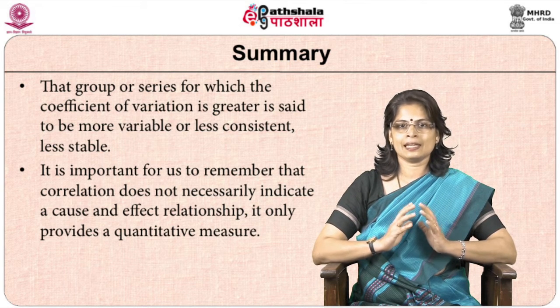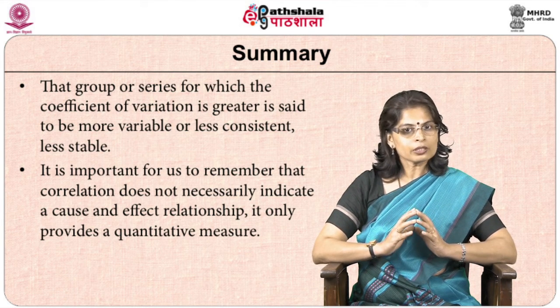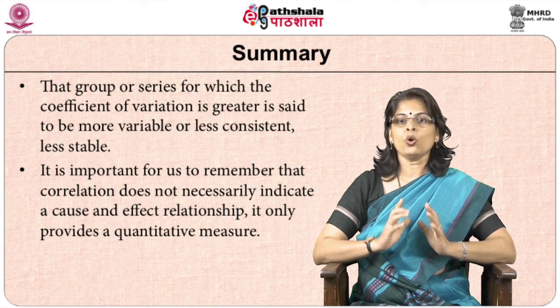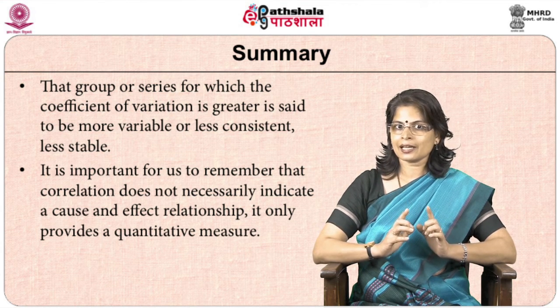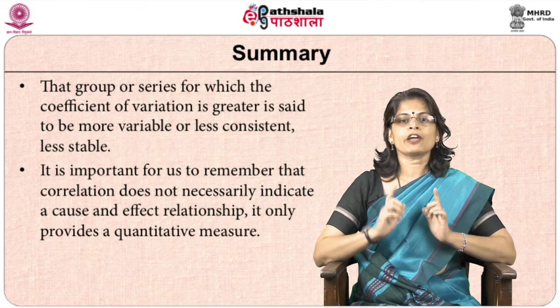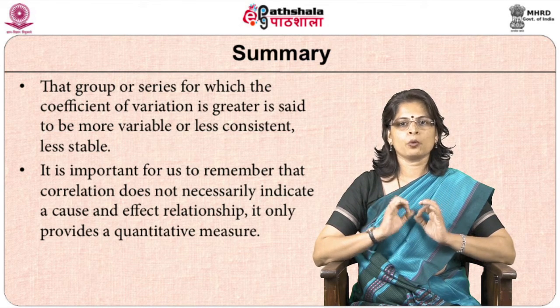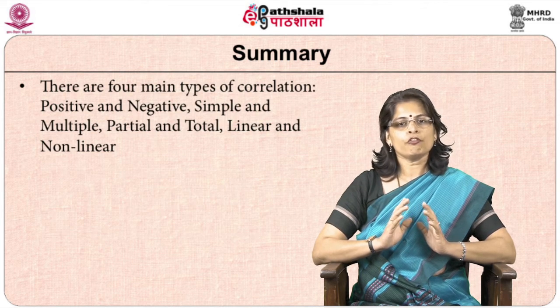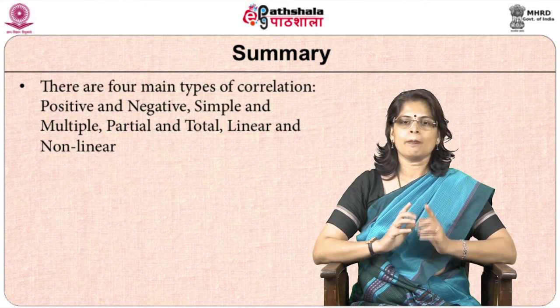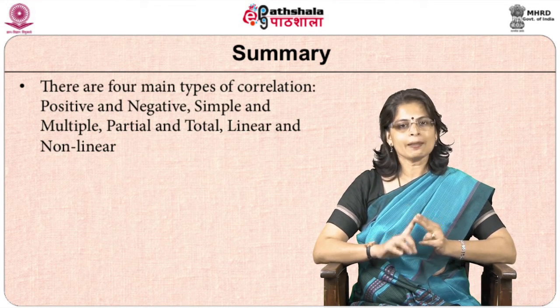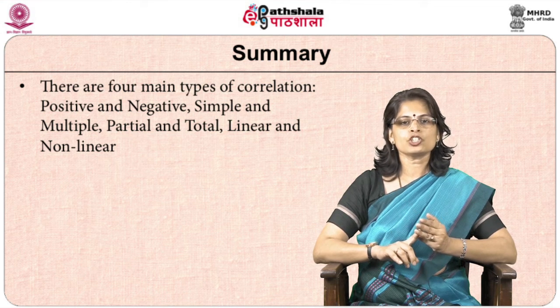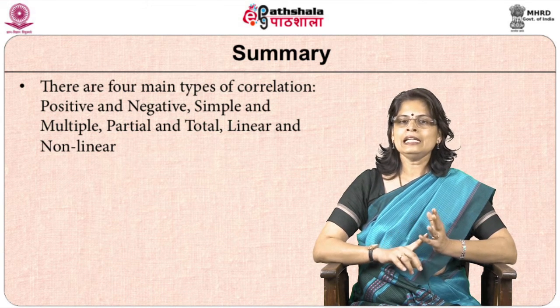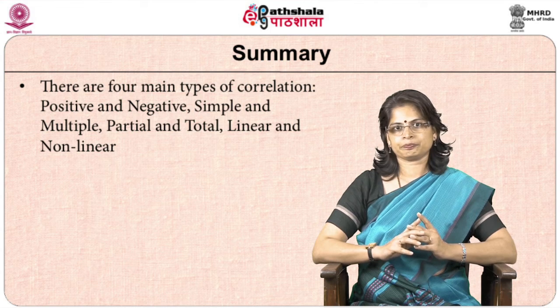or less consistent and less stable. It is important for us to remember that correlation does not necessarily indicate a cause and effect relationship. It provides us with a pure quantitative measure. There are four main types of correlation: positive and negative, simple and multiple, partial and total, and linear and non-linear.